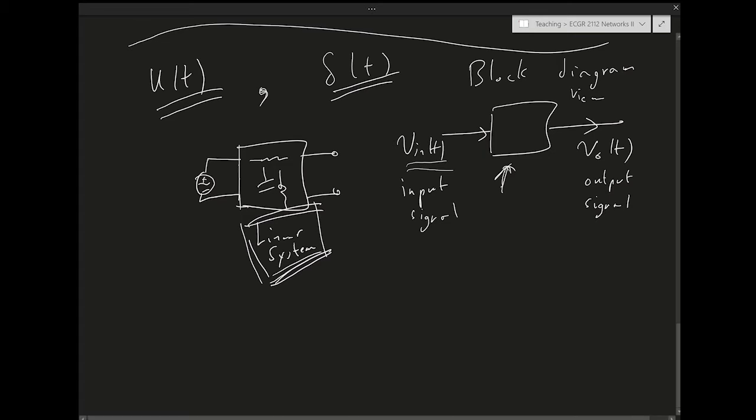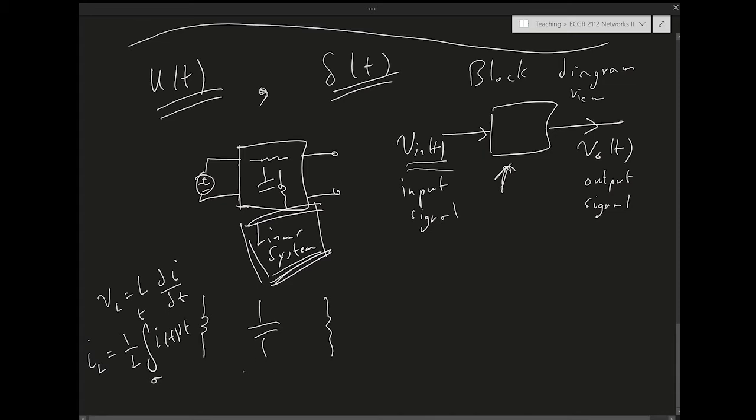Well, for circuits, for example, we have the inductor, the capacitor, the resistor, right? The voltage of the inductor is L di/dt. The current of the inductor is 1/L times the integral, let's say from a to t, of v(t) dt.